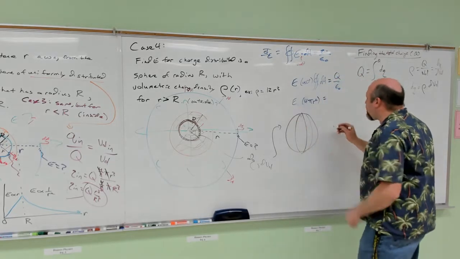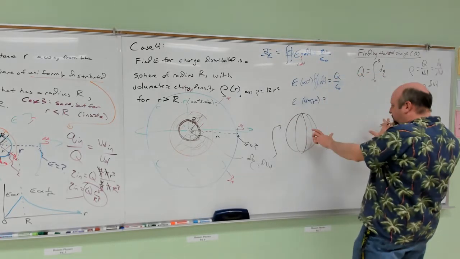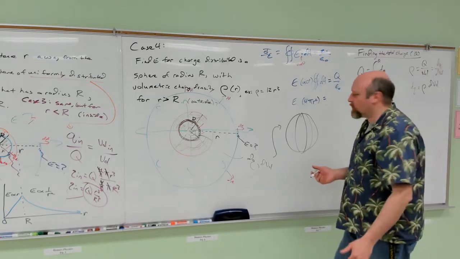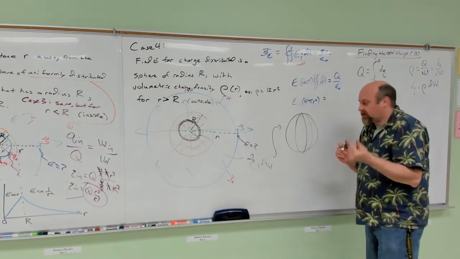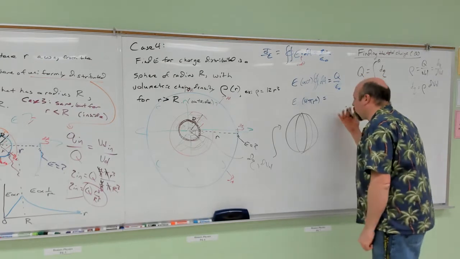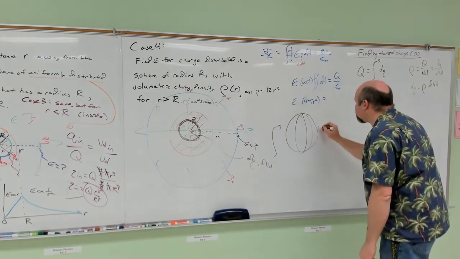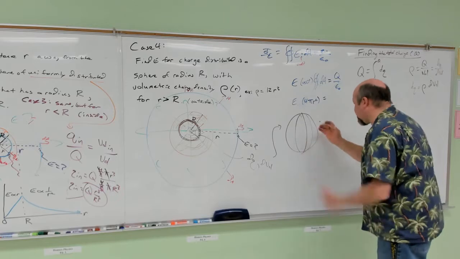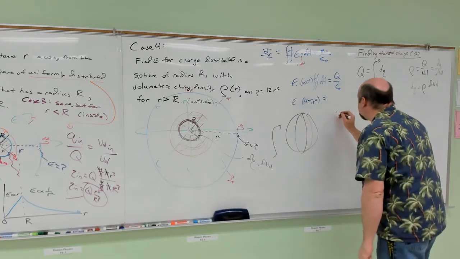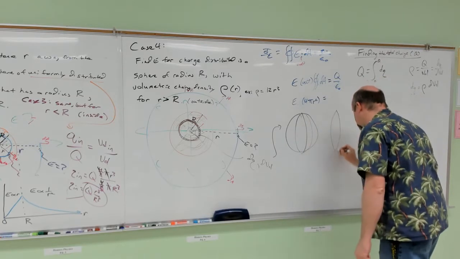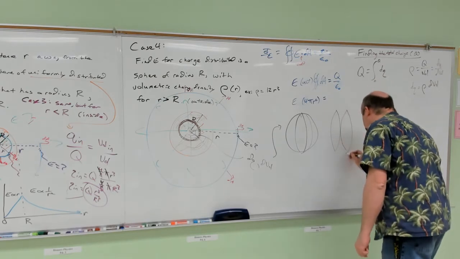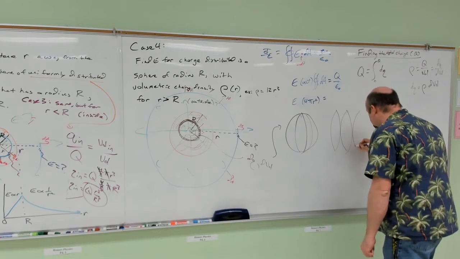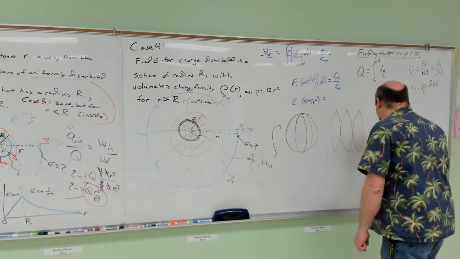If you peel it off and lay it out flat, you can probably do this with an orange peel or something. It would be helpful if it was a really thin peel, though. It would look better with an apple or something, but we want a sphere. What this would look like when you slice it like that and lay it out flat, it would look like this. You may even have seen maps of the Earth shaped like this before. There are different ways of representing the Earth's surface.